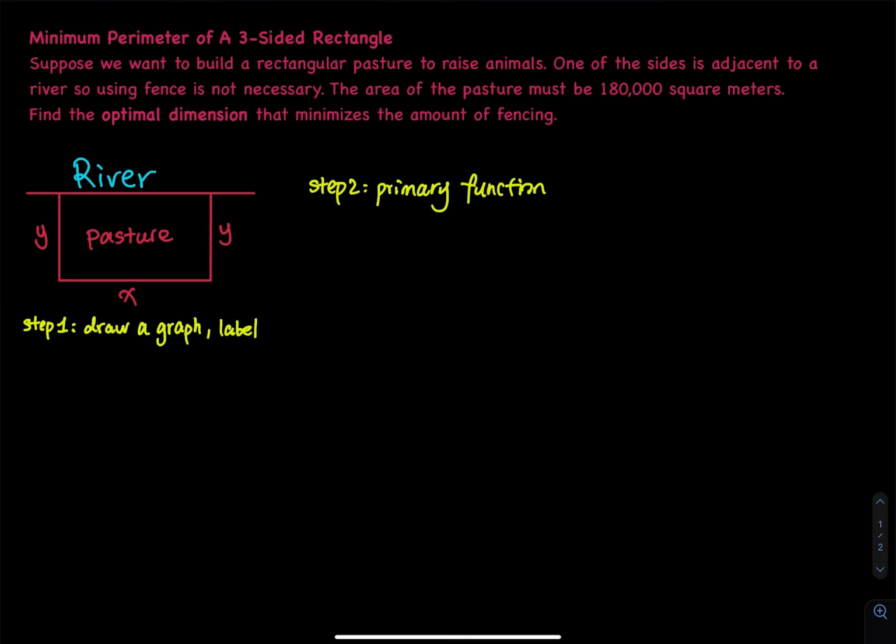Minimizing the amount of fencing means you are trying to minimize the perimeter, because if you buy too much fencing, too long, then you are wasting money. So what is the perimeter of this rectangle? The perimeter is X plus 2Y. I cannot call this a function yet because we have two variables, X and Y.